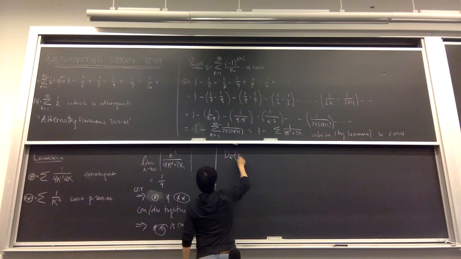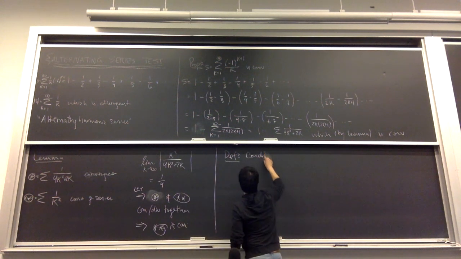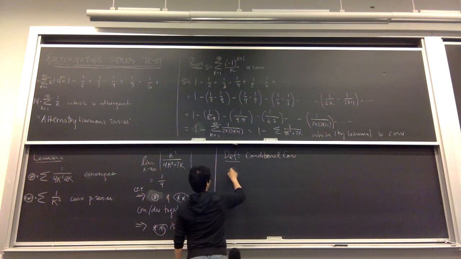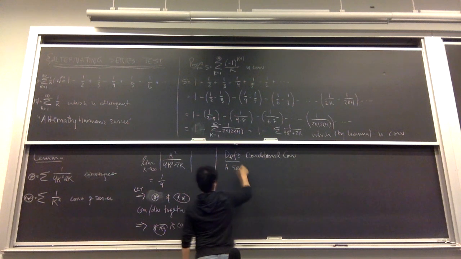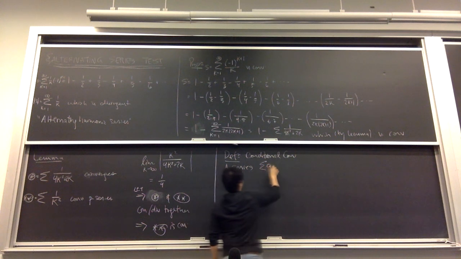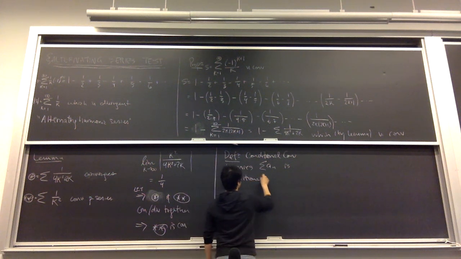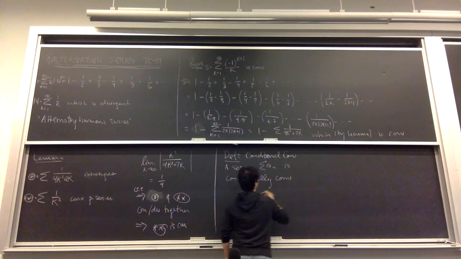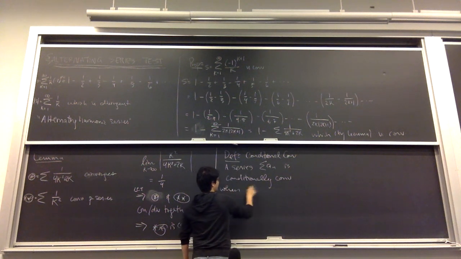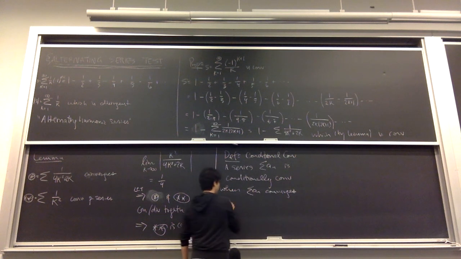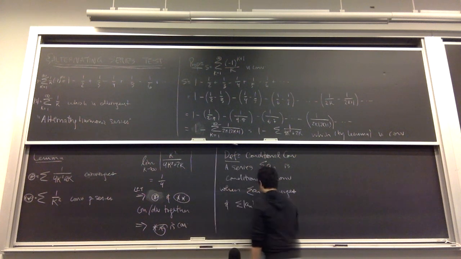Jumping a little bit ahead. So this is called conditional convergence. A series, sum a_n, is conditionally convergent when the sum of a_n converges and the sum of |a_n| diverges.